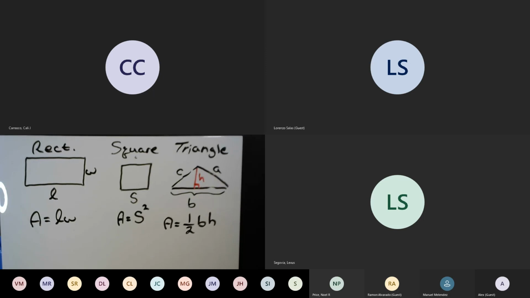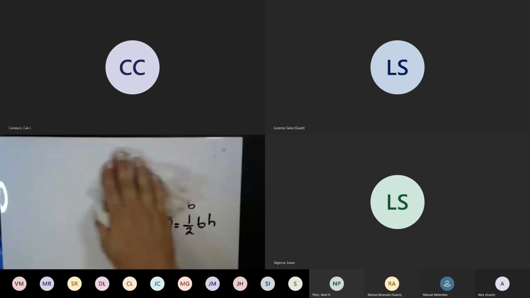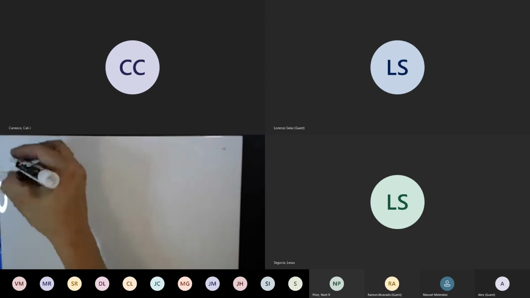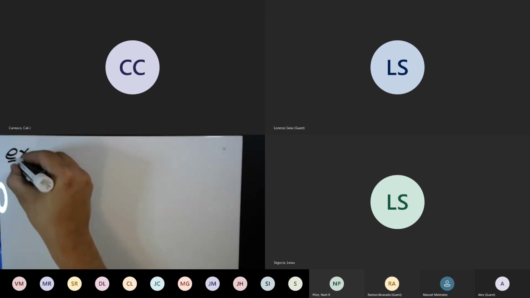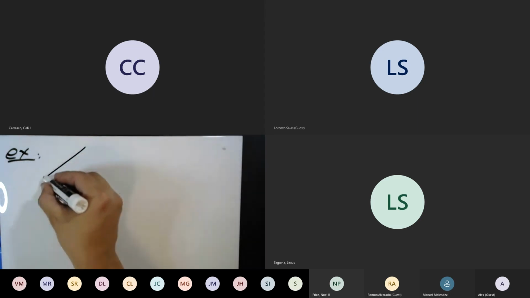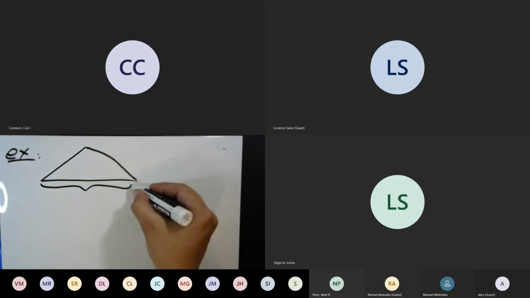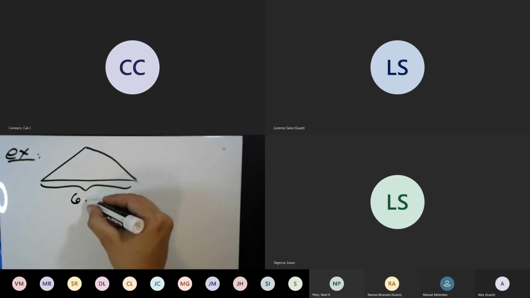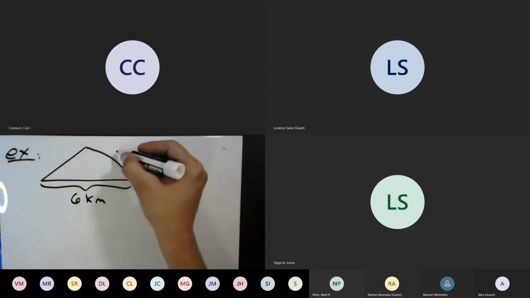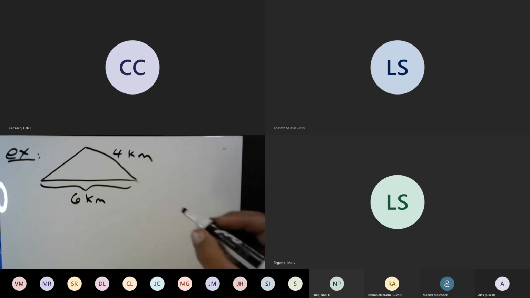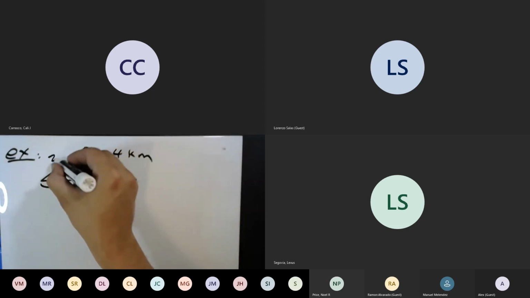So I'll do an example with the triangle. Let's say 6 kilometers. 4 kilometers. We'll go 3 kilometers.